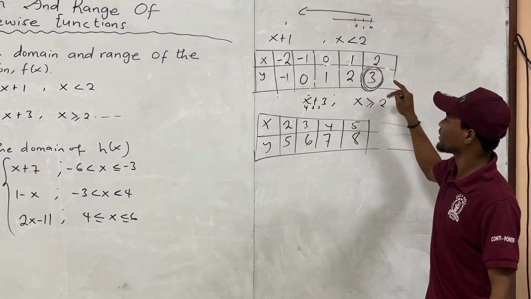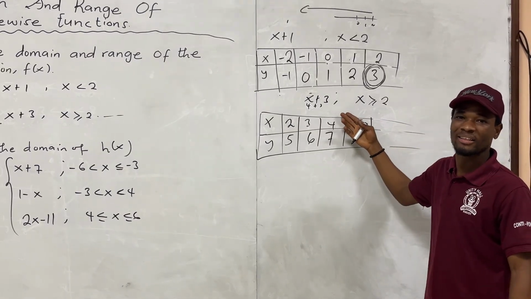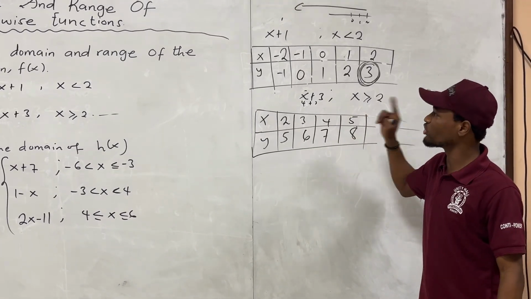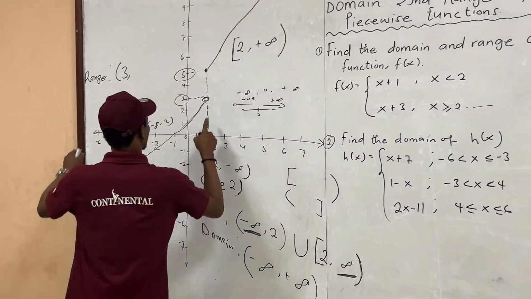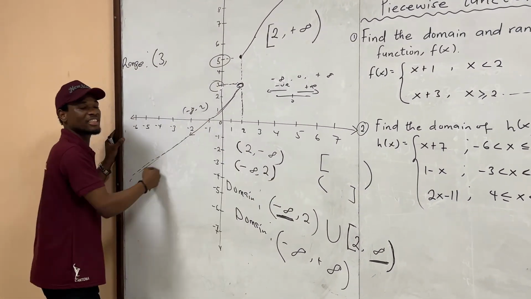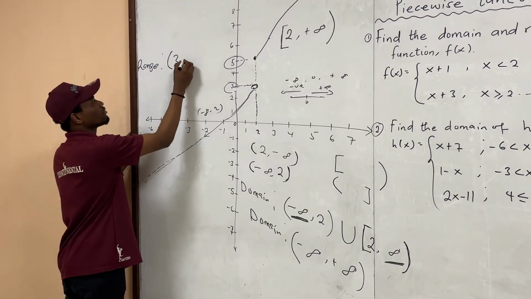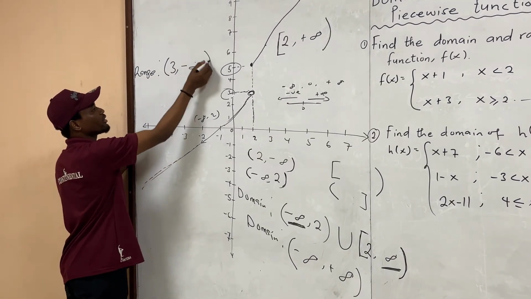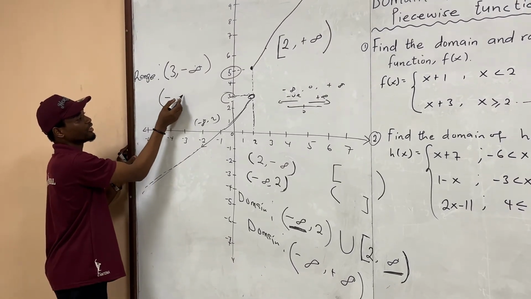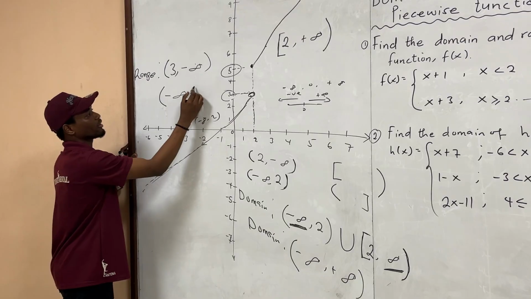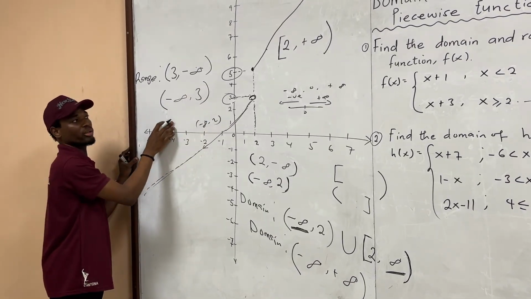So this is the 3, then to where? Then to negative infinity, this way. But remember, it is not proper. So this will be negative infinity, then 3 this way.